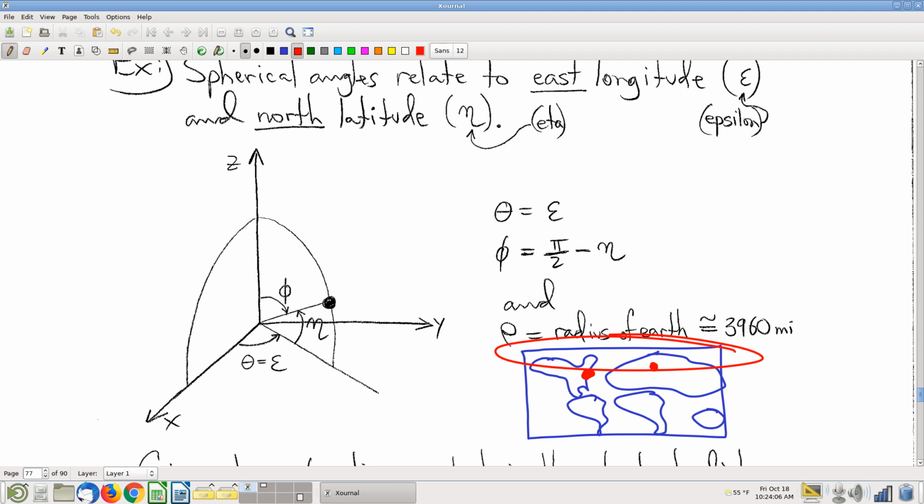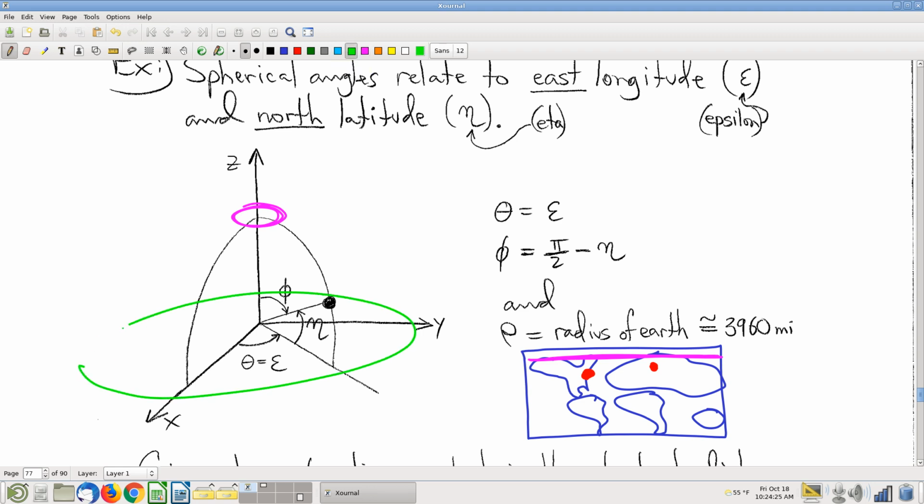That's because a small circle around the North Pole looks that long on the map, while a big circle around the equator looks the same length on the map.